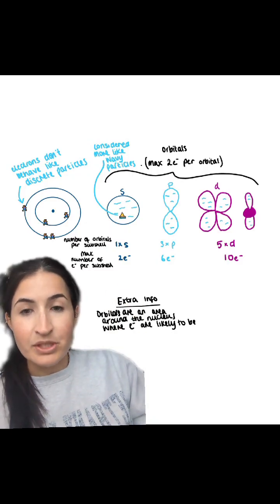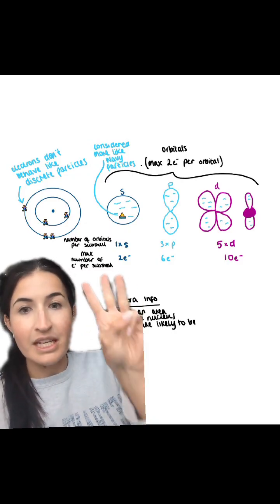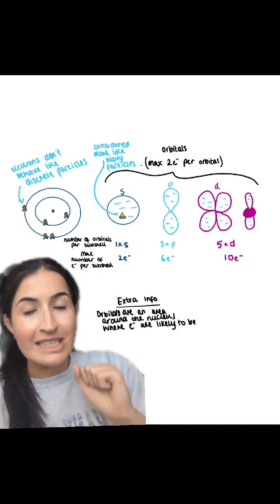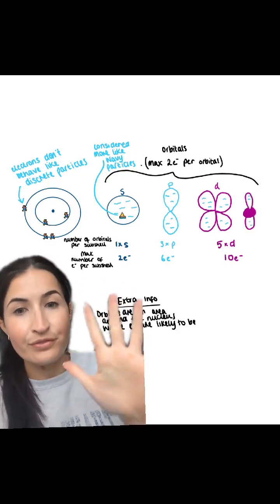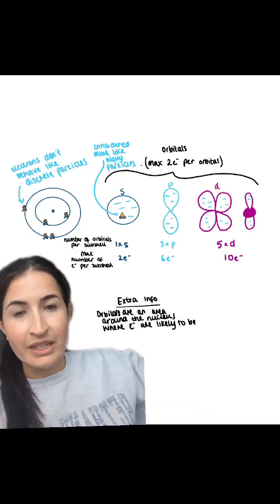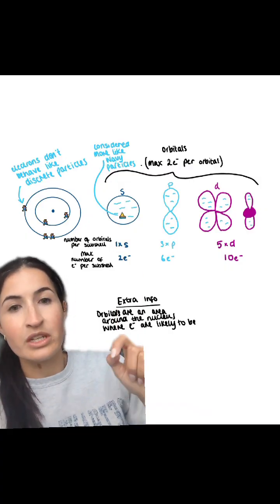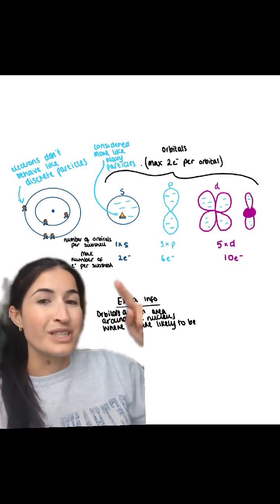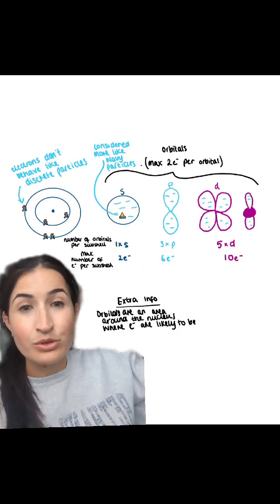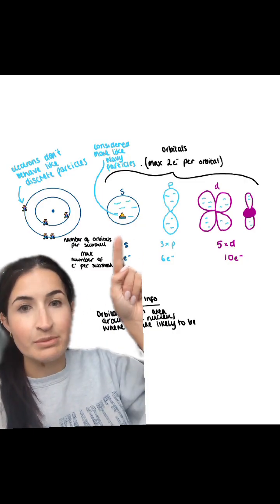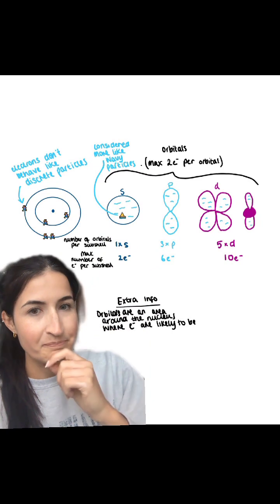The p subshell consists of 3 p orbitals, and the d subshell consists of 5 d orbitals. Now I've only drawn 2 of the d orbitals there. We can draw other diagrams. You don't actually need to be able to draw the diagrams of the d orbitals. You do need to be able to draw the diagrams of the s and the p.